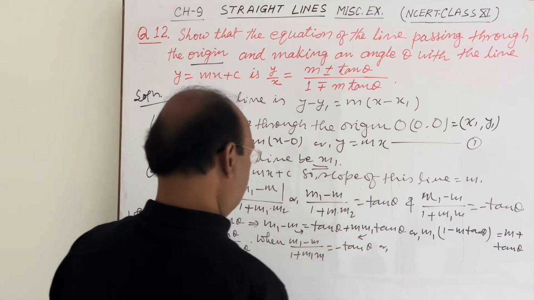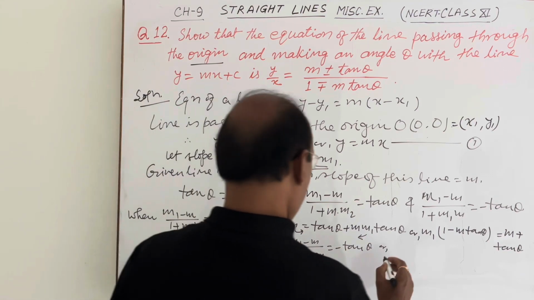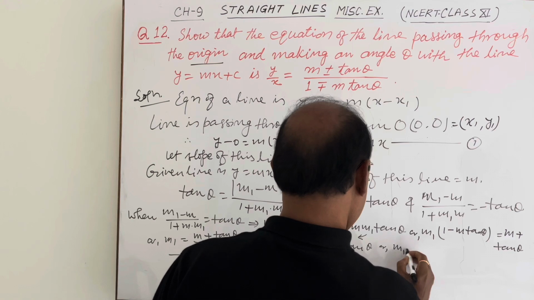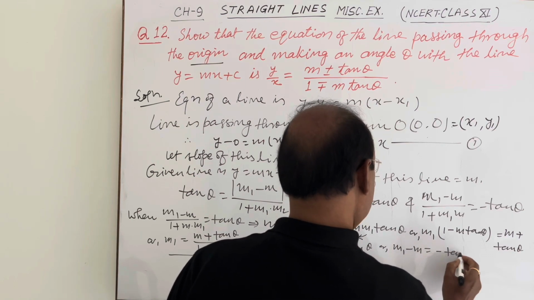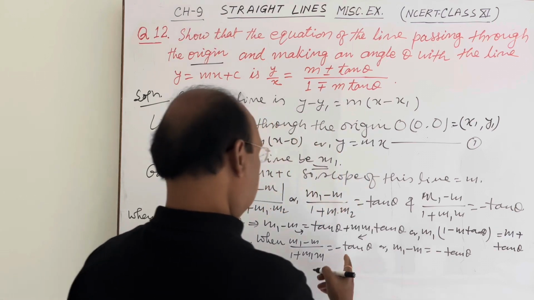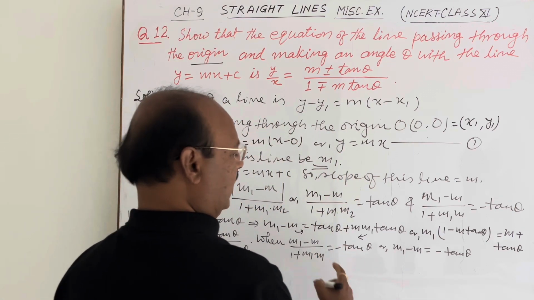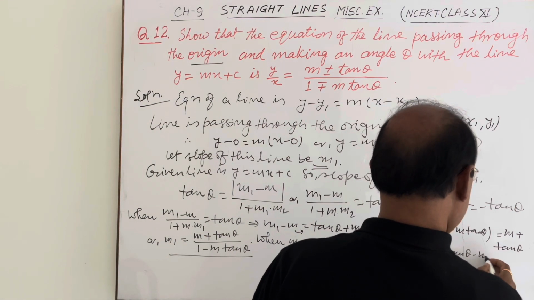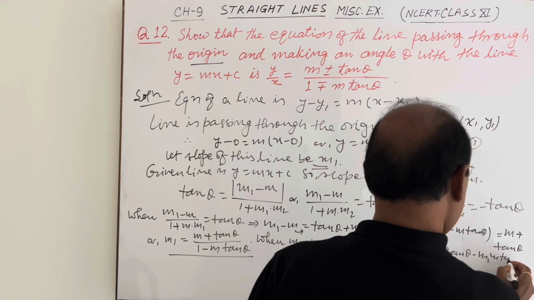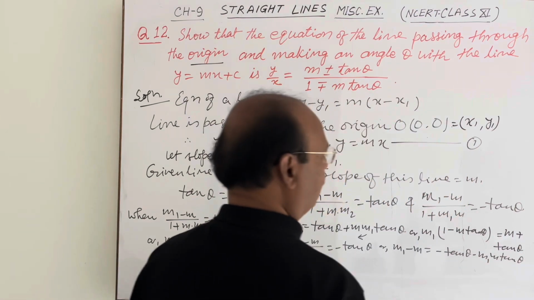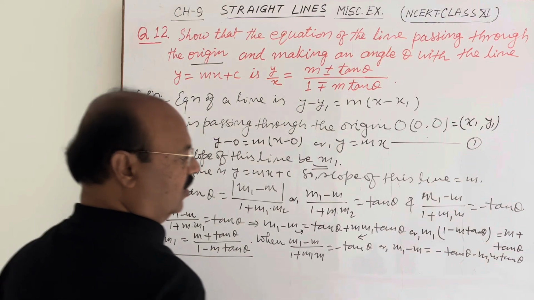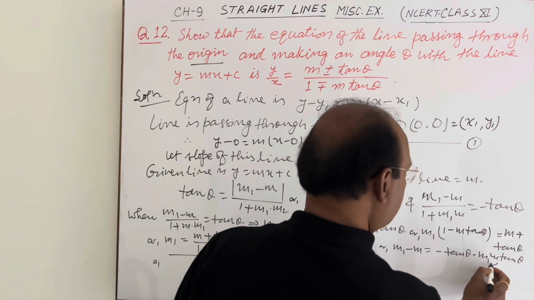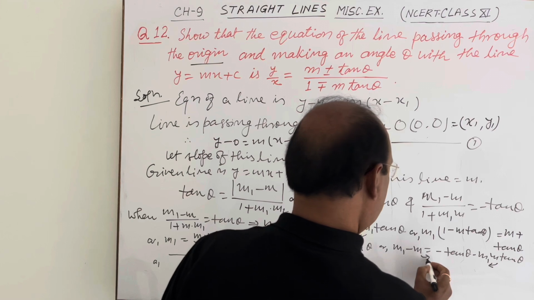By cross multiplication we'll get m1 minus m is equal to minus tan theta minus m1 m tan theta, correct? We'll transpose this term to the left side and this term to the right side.